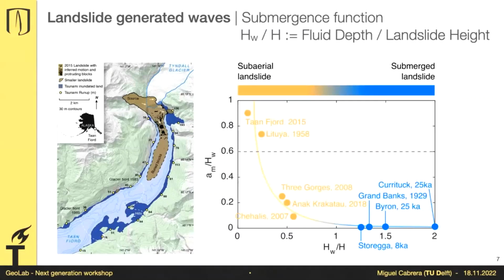If you normalize again, AM is the amplitude of the wave you generate, and you normalize it by the thickness that is immersed in water, and you compare it with the thickness immersed in water and the total height of the landslide, you have this very continuous transition from something that is fully submerged, meaning that the height of the landslide is below the height of the water table or the water level.